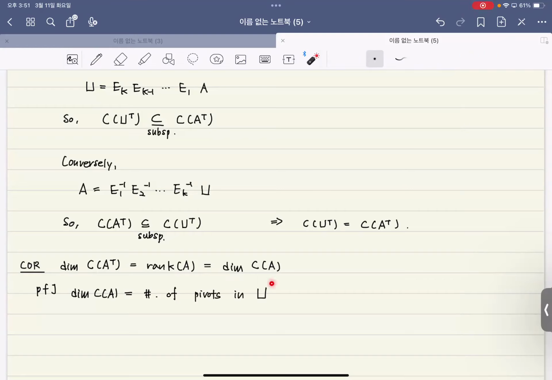You know that U is a staircase-shaped matrix, and it is very clear to me that the number of pivots is the same as the number of linearly independent rows in echelon matrix U. So if I have R pivots in U, then there must be R independent rows in matrix U.